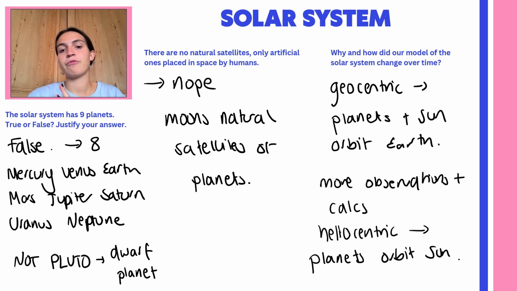And there was some friction against this model because it seemed to be going against the church at the time, where God would have put Earth at the centre of the solar system. That was people's problem with shifting the viewpoint to the sun being at the centre of our solar system.